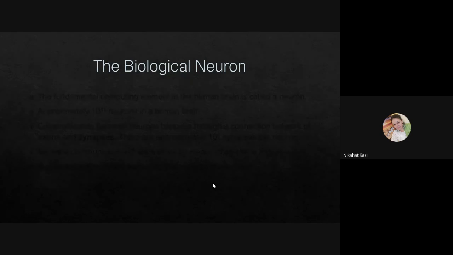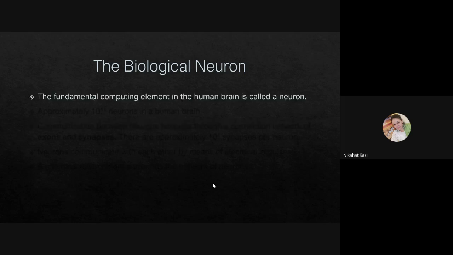As we know that neural networks are modeled after the biological neuron, let us first go through the details of the biological neuron. The neuron is the fundamental computing element in the human brain, and there are approximately 10 raised to 11 neurons in the human brain.